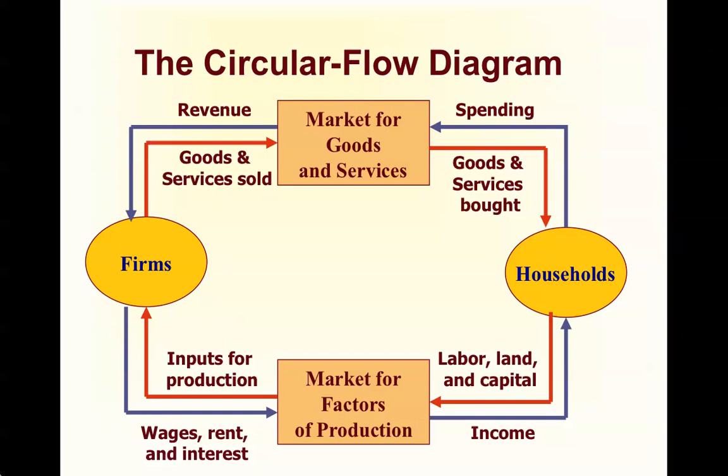Let's say a farmer borrows money for farm equipment, and what they have to pay back is the interest. So the interest is the price of the capital that the entrepreneur is going to have to get. Now, a fourth factor of production oftentimes is entrepreneurship, but I think your book, Mankiw, focuses on these three, and these are the three standard factors of production.